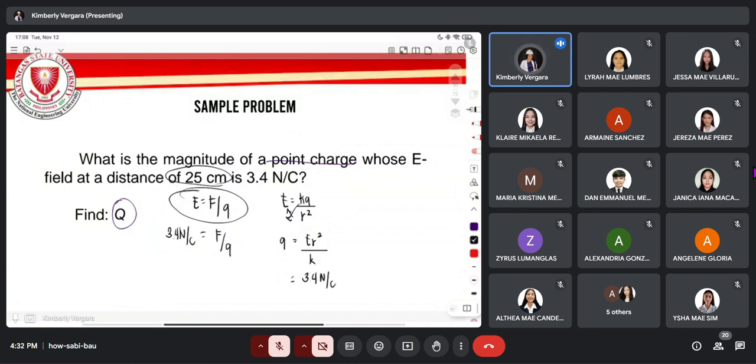So 25 times 10 raised to negative 2. Next, what is our k, class?